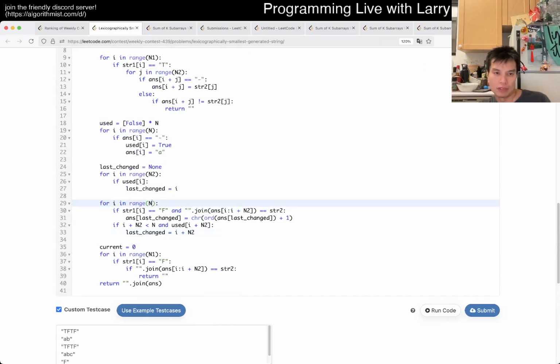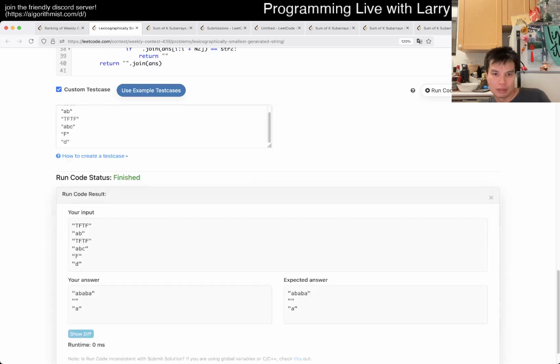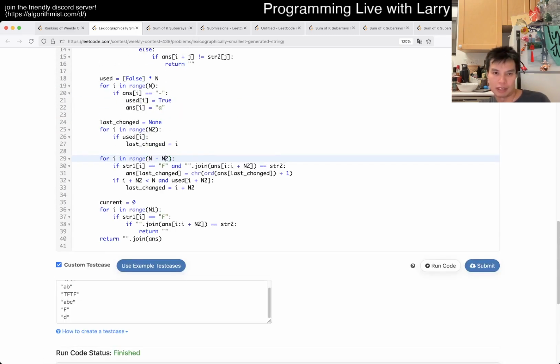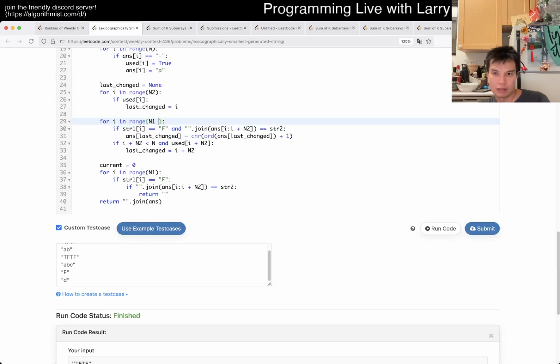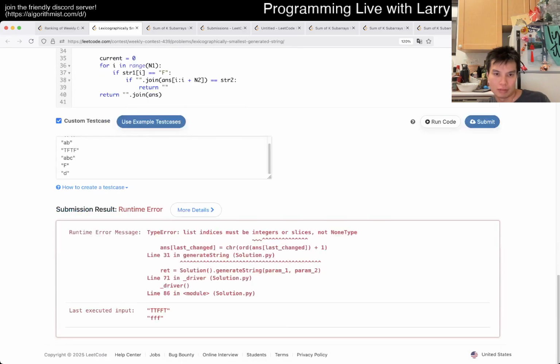I thought so. Actually, this should be n minus n2, I suppose. It should be n1 even. I think that's the, yeah. Okay. I thought that would be good, but maybe I'm wrong.